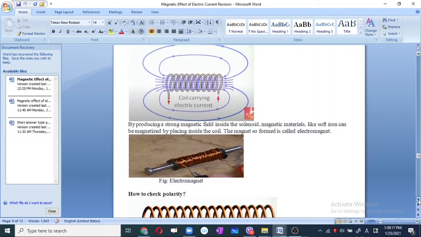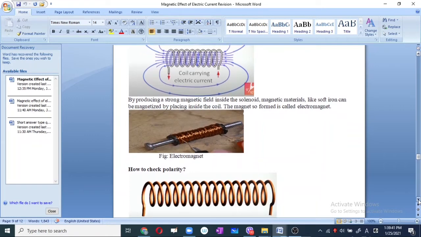Okay, by producing a strong magnetic field inside the solenoid, magnetic materials like soft iron can be magnetized by placing inside the coil. Yes, because there is a strong magnetic field produced inside the solenoid, and hence you can utilize that strong magnetic field to convert the magnetic material into a magnet. Such a magnet formed is called an electromagnet.